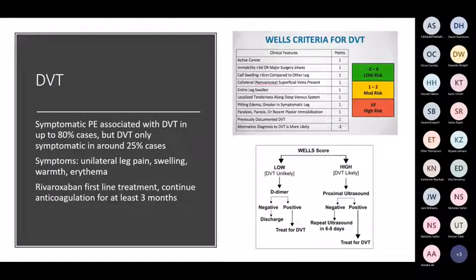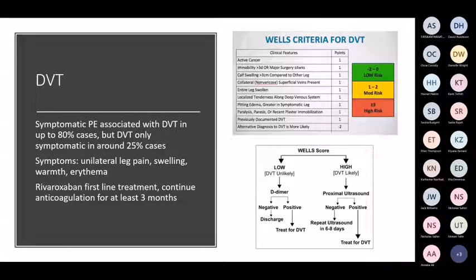So a DVT is a clot in the lower limbs or upper limbs, and symptomatic PEs are associated with DVTs in up to 80% of cases. So usually when you have a PE, it has come from a venous thrombus.